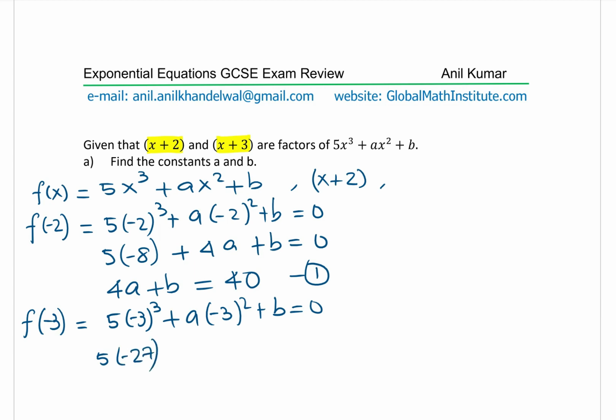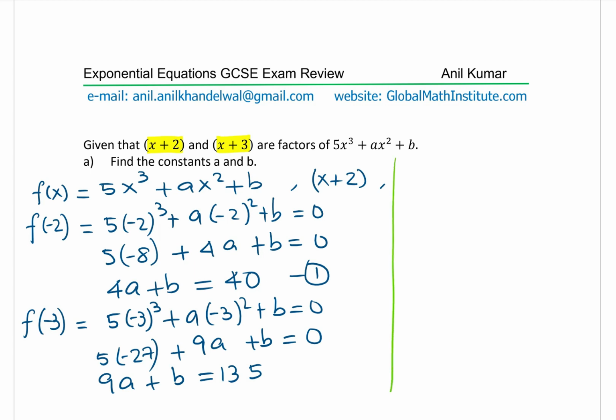So 5 times minus 27 plus 9a plus b is equal to 0. So that gives you 9a plus b equals to 5 times 27. So you can multiply 5 with 27 and then get your equation. 5 times 7 is 35, carry 3. 5 times 2 is 10, so you get 135. So we have two equations now, correct? So let me label the second one as our equation number 2.